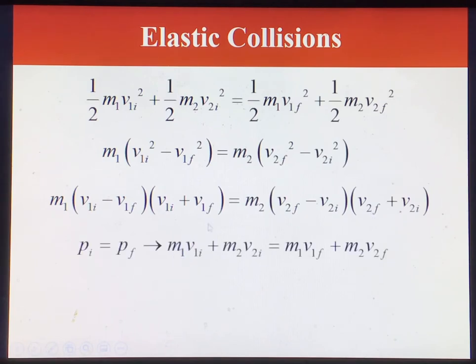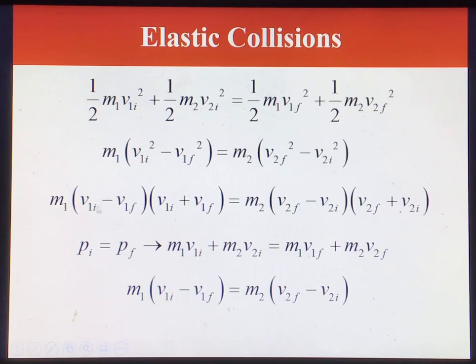All right, but now we know that P initial is equal to P final, so we know that M1 V1I plus M2 V2I is equal to M1 V1 final plus M2 V2 final. So from here, I can write this as M1 into V1 initial minus V1 final is equal to M2 into V2 final minus V2 initial. So it means that this quantity right here, M1 into V1 initial minus V1 final, is equal to M2 into V2 final minus V2 initial.